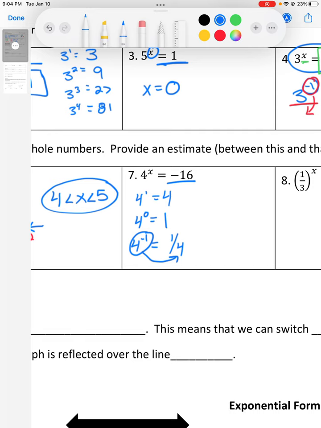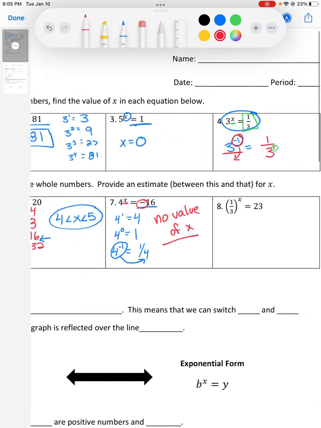That's what negative exponents do. Well, 1/4, that's not negative. 1/4 is still positive, and we need a negative. So there's actually no values for x that will work. There's no exponent that will give us a negative value. Okay, so we can't have negative answers.